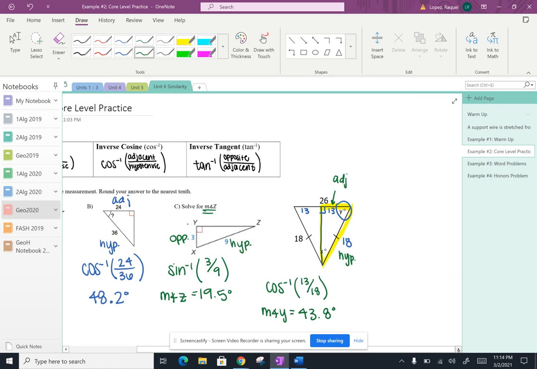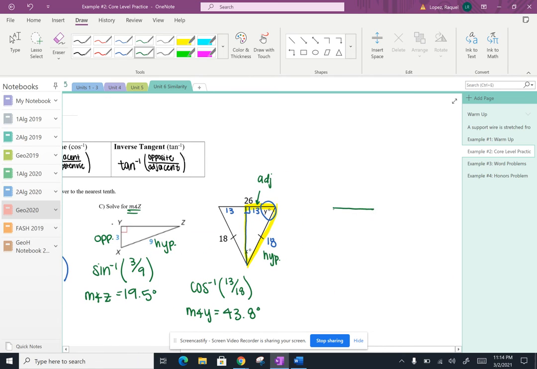So we're going to use that information to help me figure out what the measure of angle X is as well. It's an isosceles triangle originally. This angle measured Y, and it was 43.8 degrees, which means this other base angle also measures 43.8 degrees. We know that the measures of the angles of a triangle all add up to 180 degrees. So we're going to do 43.8 plus 43.8 plus x, because this is what we're trying to find, and set that equal to 180.